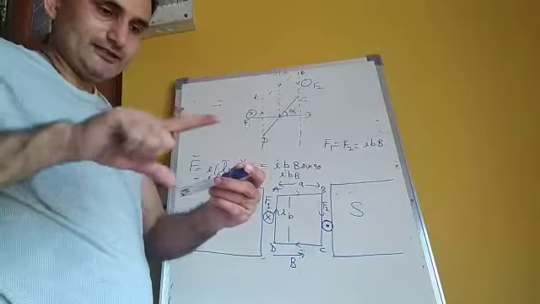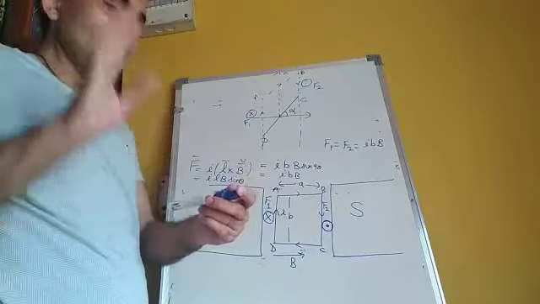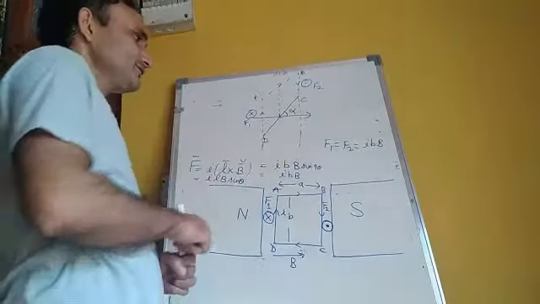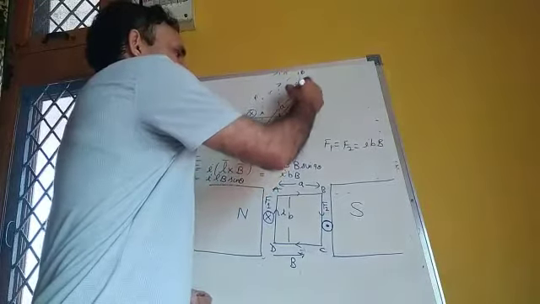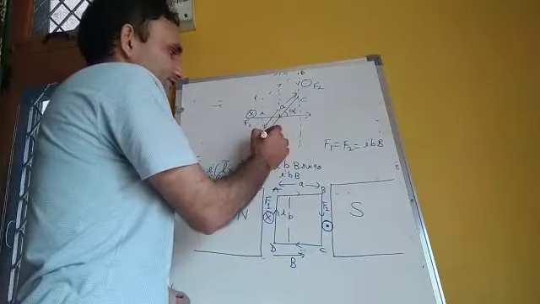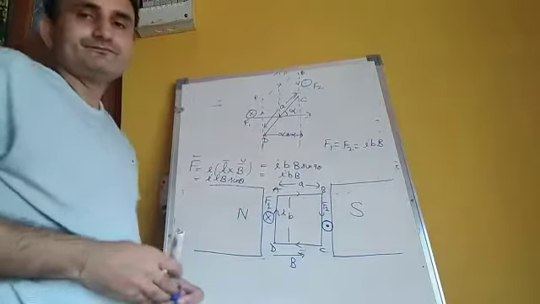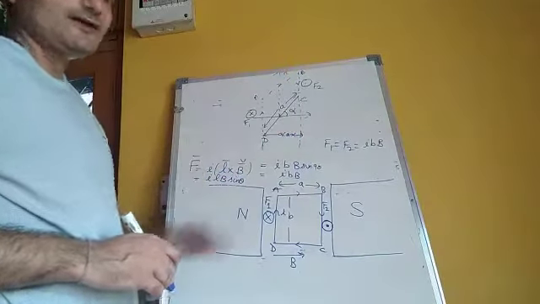So what will be this distance? Suppose we know this side is a. Okay, so this will be a cos alpha. So this side will be a cos alpha.